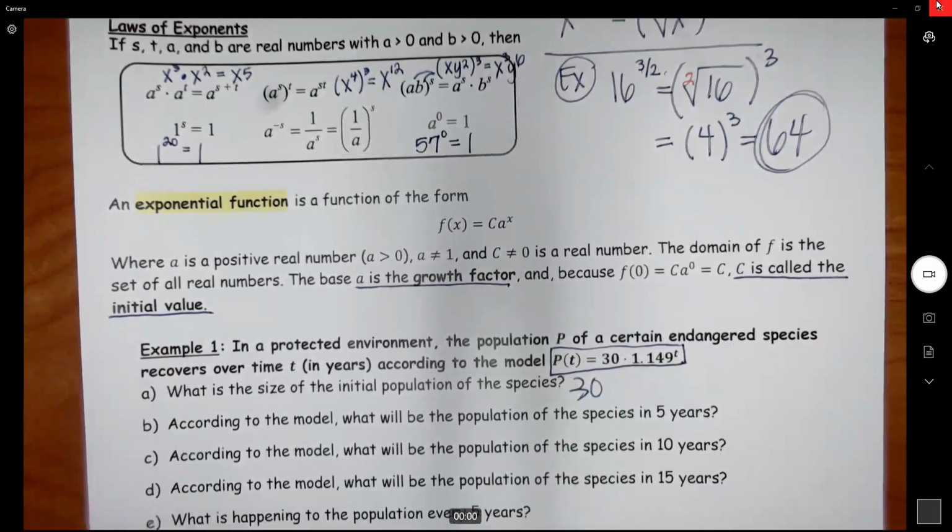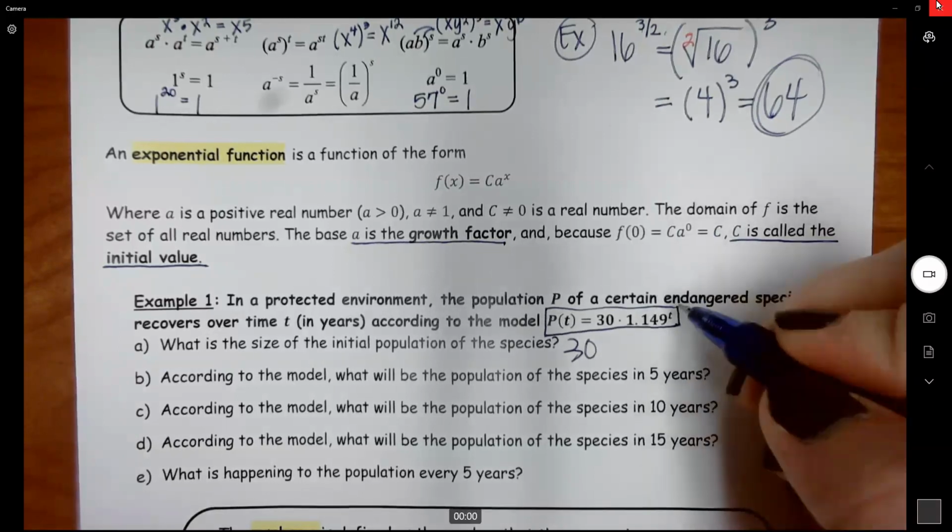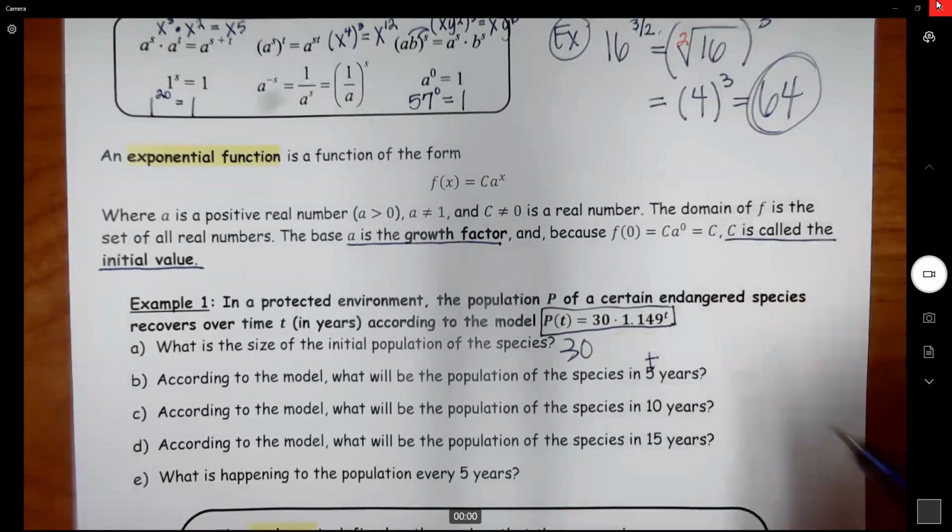According to the model, what will the population of the species be in 5 years? So this is my T, right?